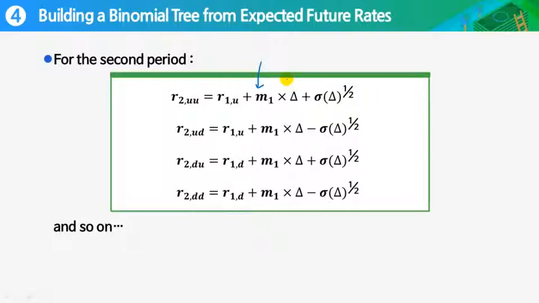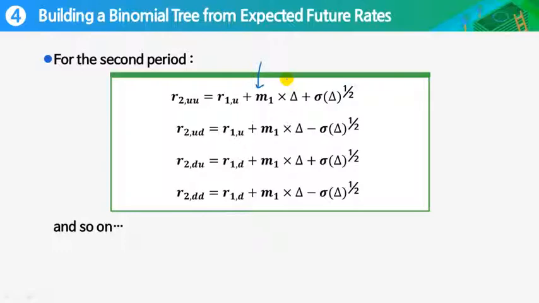So R2UU, it should start up movement because it goes up 2 times, is R1U plus M1 delta plus sigma root delta, and R2UD is R1U plus M1 delta minus sigma root delta, and R2DU is R1D plus M1 delta plus sigma root delta, and finally the down scenario, R2DD equals R1D plus M1 delta minus sigma root delta, and so on.